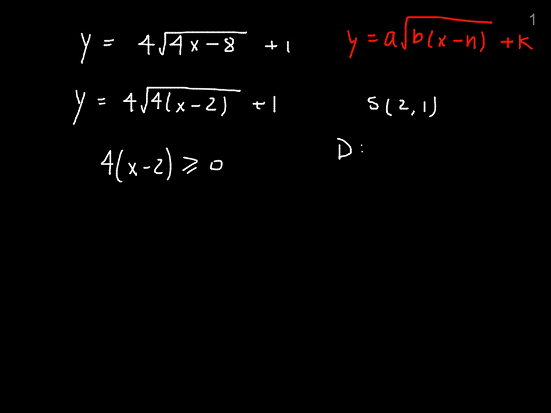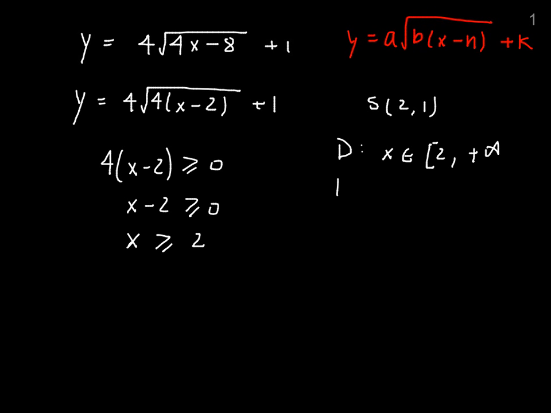Dividing both sides by 4, I get x minus 2 has to be greater than or equal to 0. Just take note here that if my b were negative, and I divided both sides by a negative, then the inequality sign would have to switch directions. But here, my 4 is positive, so dividing both sides by 4 does not change the inequality. Now bringing the 2 to the other side, that means that x has to be greater than or equal to positive 2. So my domain is x belongs to the set of numbers 2 all the way to positive infinity.